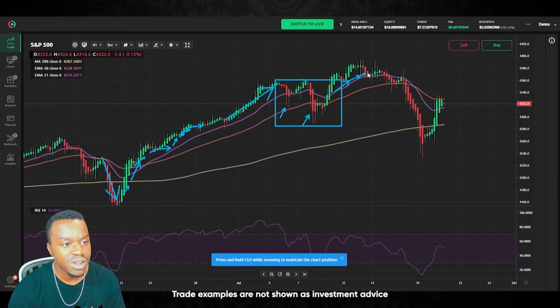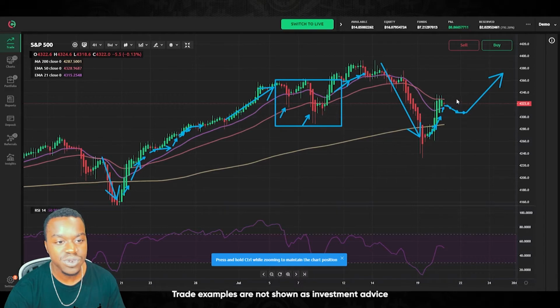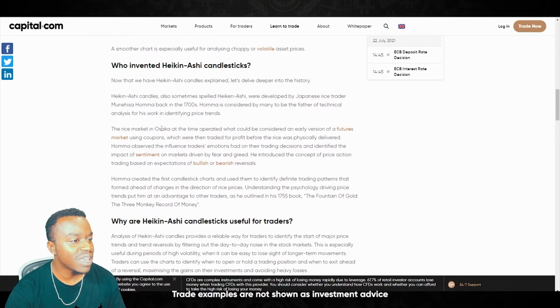We did have another smooth run up, but after this point here, we had a nice smooth run to the downside, and now it's looking like we potentially might flip that and continue that way. As time goes on, I'll see just how smooth the Heikin Ashi will show this price action in this next direction.